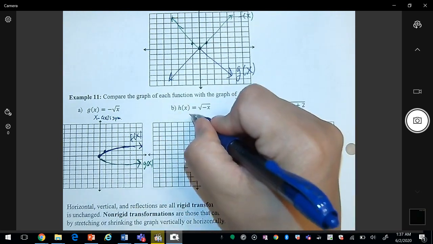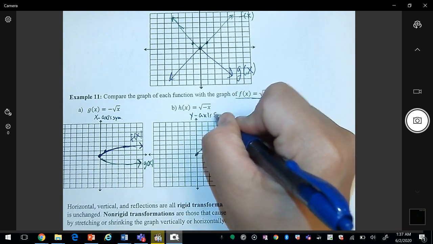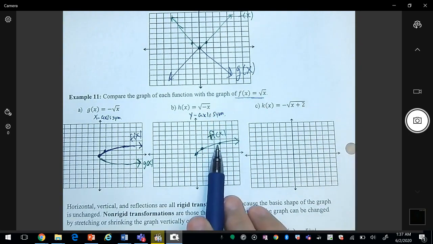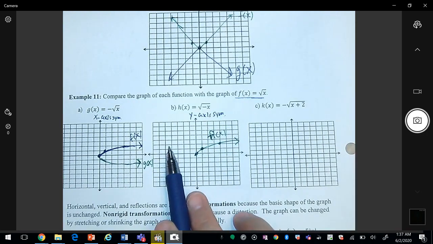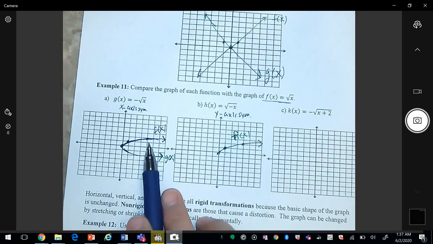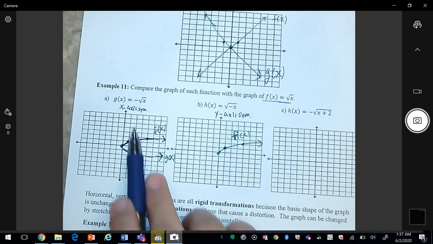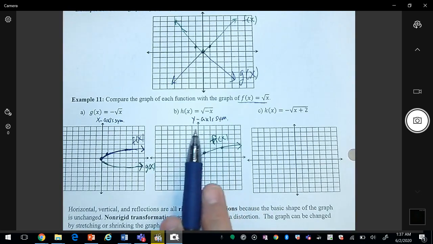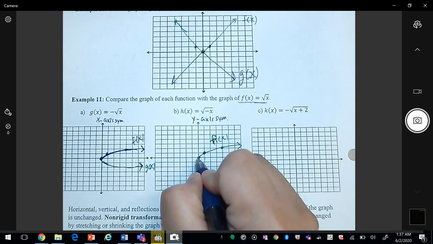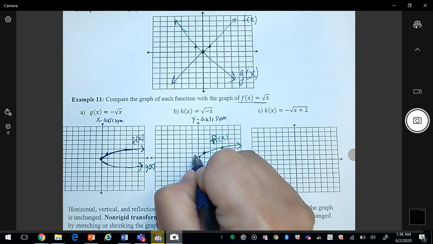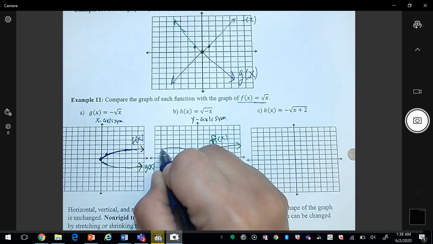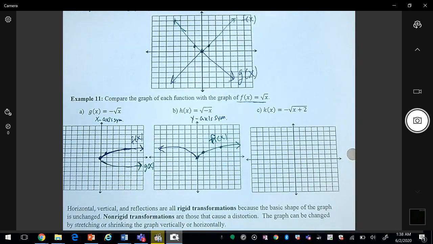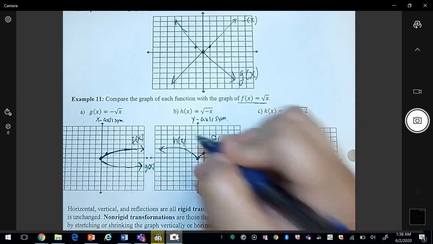So what that means is you should have y-axis symmetry, so we're going to fold this way. The first one, we folded down because the negative was on the outside. If it's on the inside, then we fold on the y-axis. So the graph for this will look like this. Okay, so this is h of x.